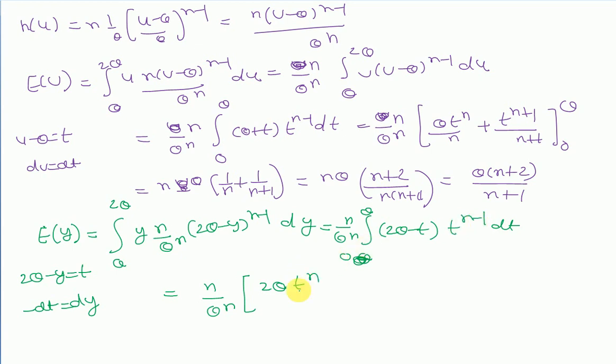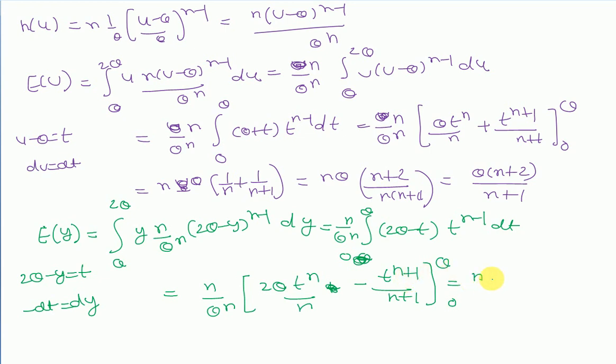Integration will be t raised to power n upon n, it is not plus, it is minus. It is like 2 theta times t raised to power n upon n minus t raised to power n plus 1 upon n plus 1, and after integrating we will get this. Now theta raised to power n will get cancelled with theta raised to power n here and theta raised to power n here.